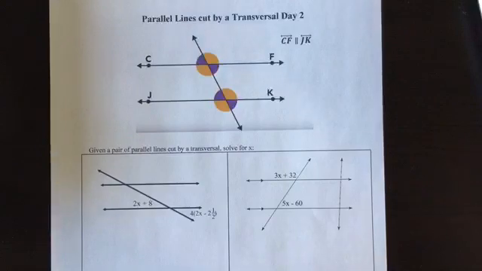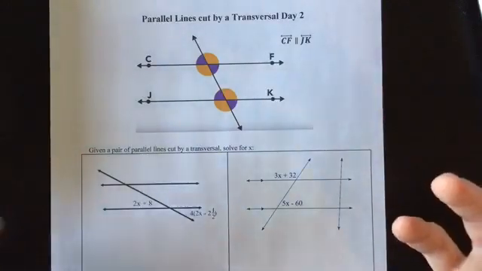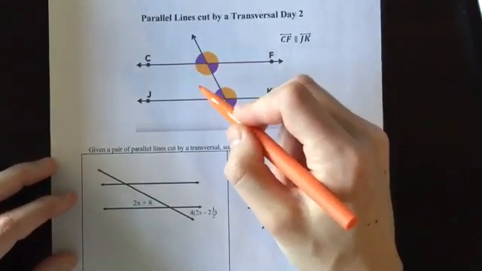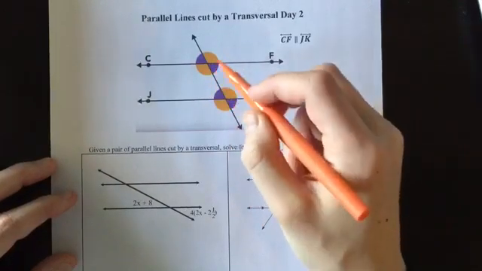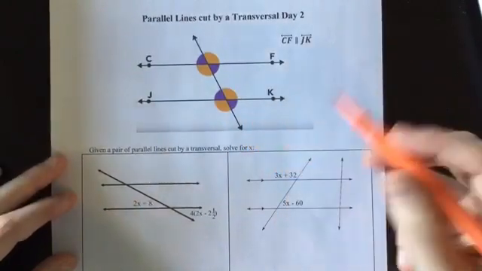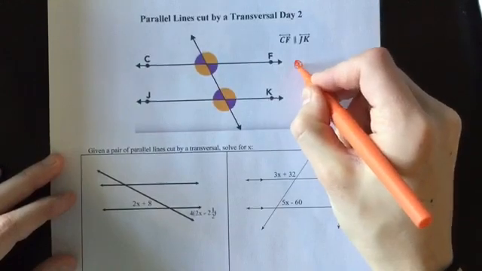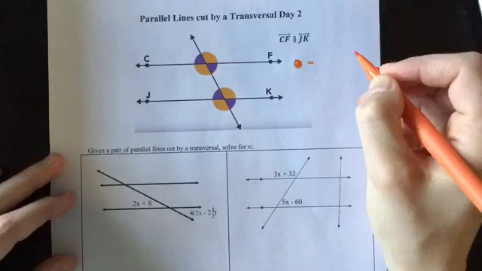Here we are on page 7, parallel lines cut by a transversal, day 2. In this diagram, I'm reminded of our beach ball method. So our beach ball method, we create a circle around our vertex and we shade the opposite angles the same colors. And we do the same shading on our other vertex, our other set of angles. Our same color shading, so all our orange are going to be equal angles.